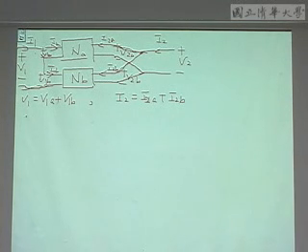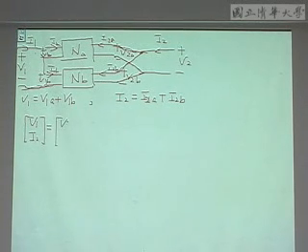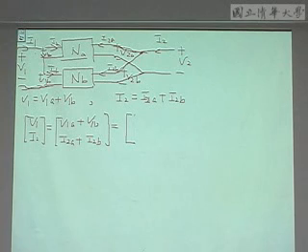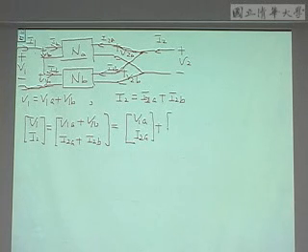So according to the definition of the hybrid parameter, we have V1, I2. And here you can see we substitute V1 equal to V1A plus V1B, and I2 equals I2A plus I2B. Again we can decompose into two column vectors, V1 I2 plus V1 I2.